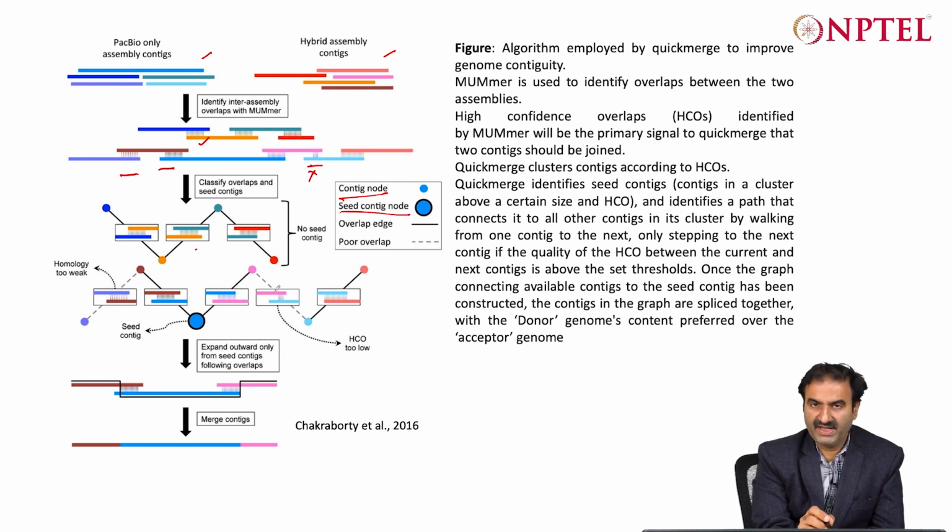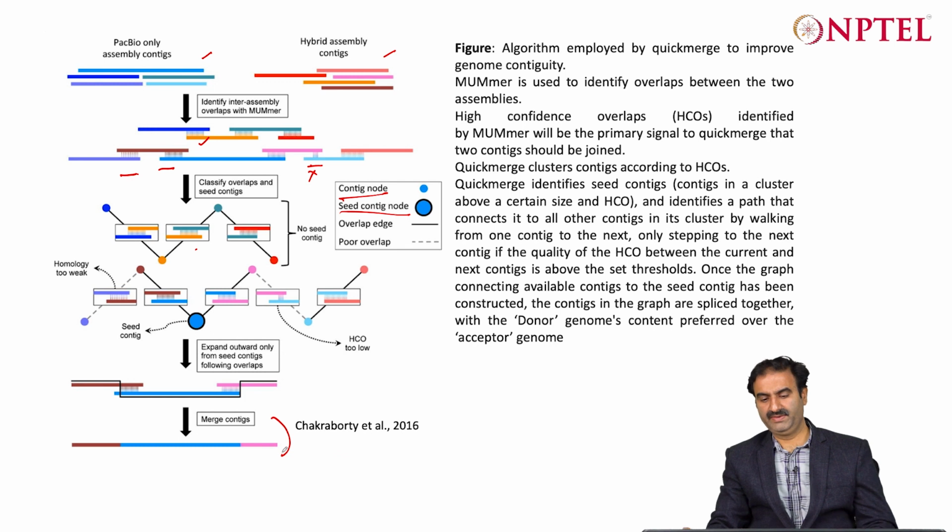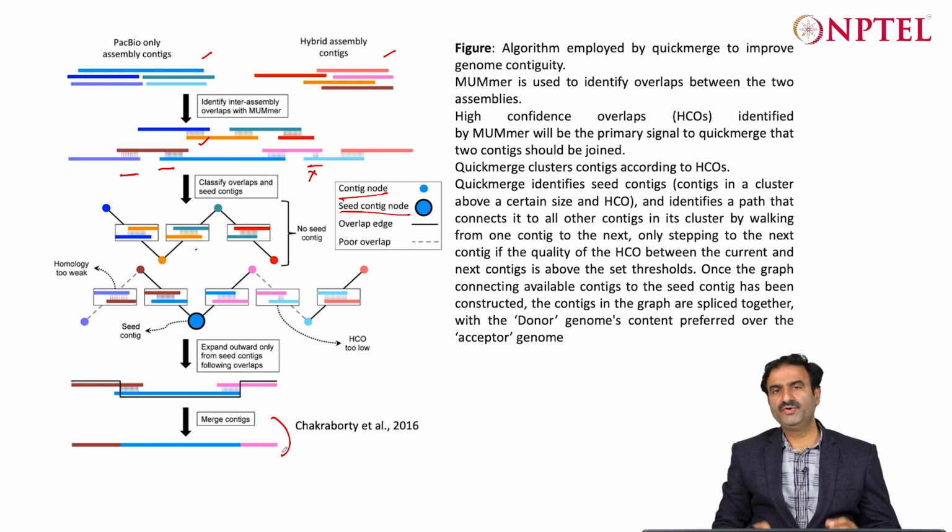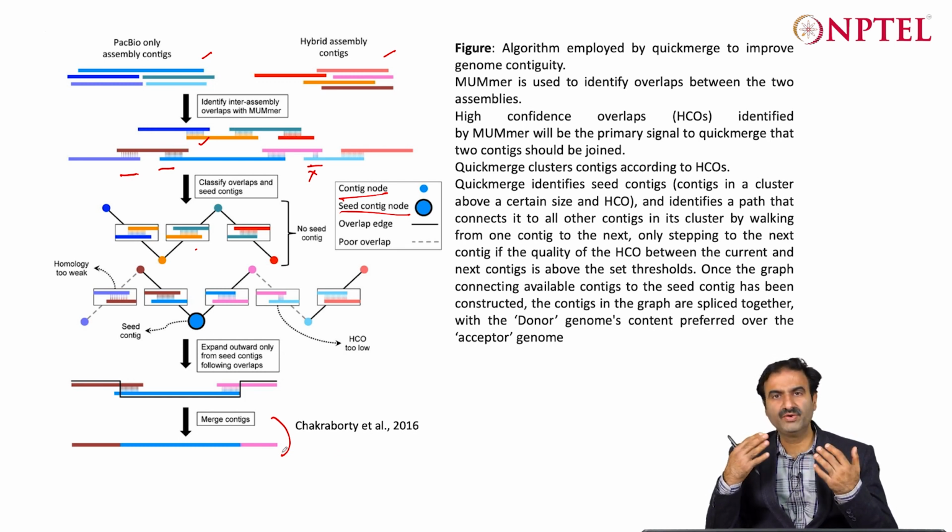The dotted lines mean low confidence HCO, and the complete lines mean a high confidence overlap was found, and based on that it connects or merges the contigs and makes the consensus or final assembly.